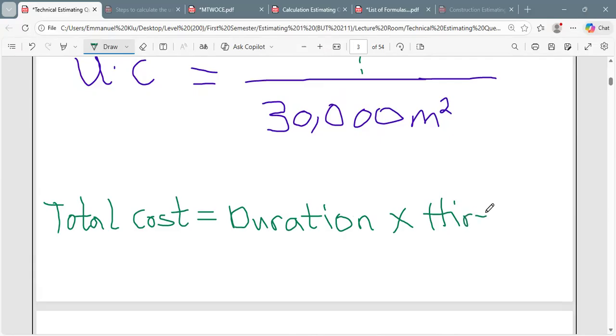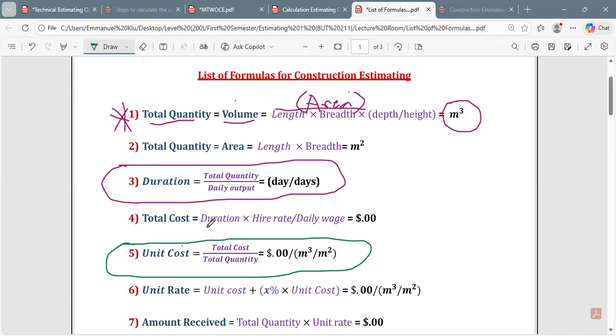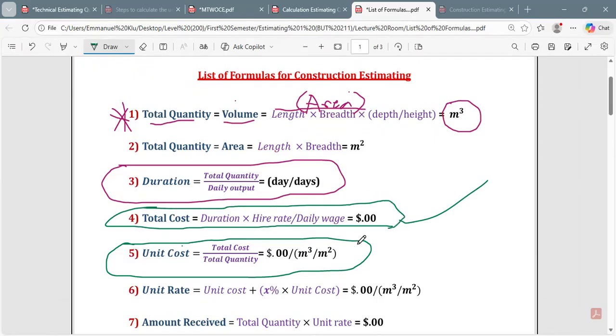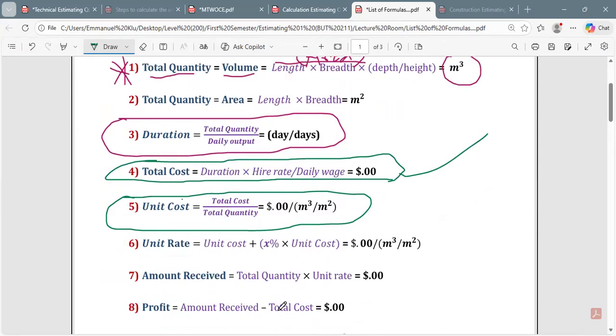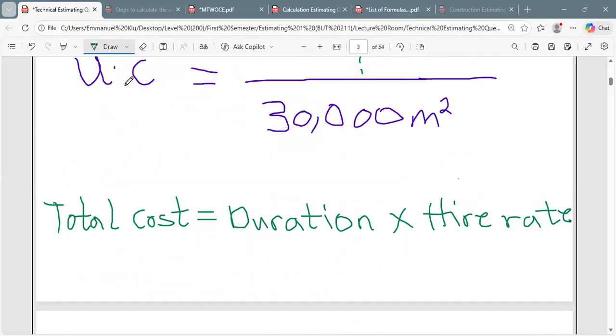Okay. So this is it. If you also wish to see it very well, this is the formula for the total cost. So you see, the total cost is equal to duration times hire rate, or even daily wage in some cases. Okay, yes. So let's proceed.